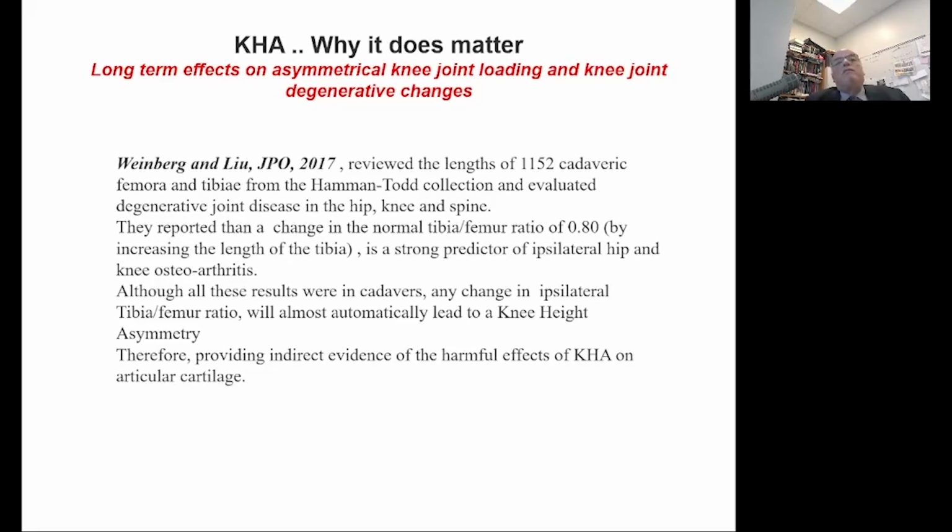However, we have a very interesting study by Weinberg and Raymond Lowe that was published in the JPO. He examined more than 1,000 cadavers from a huge collection, and he evaluated degenerative changes in the hip, knee, and spine.